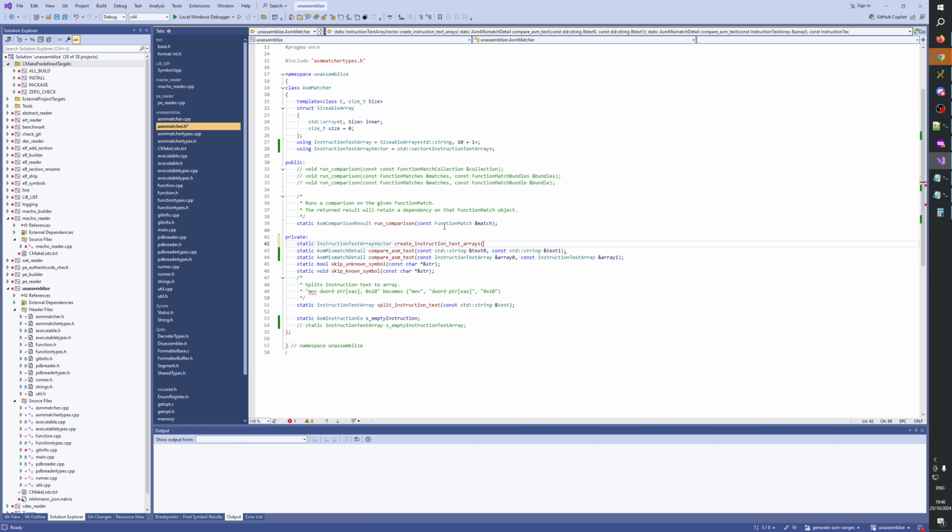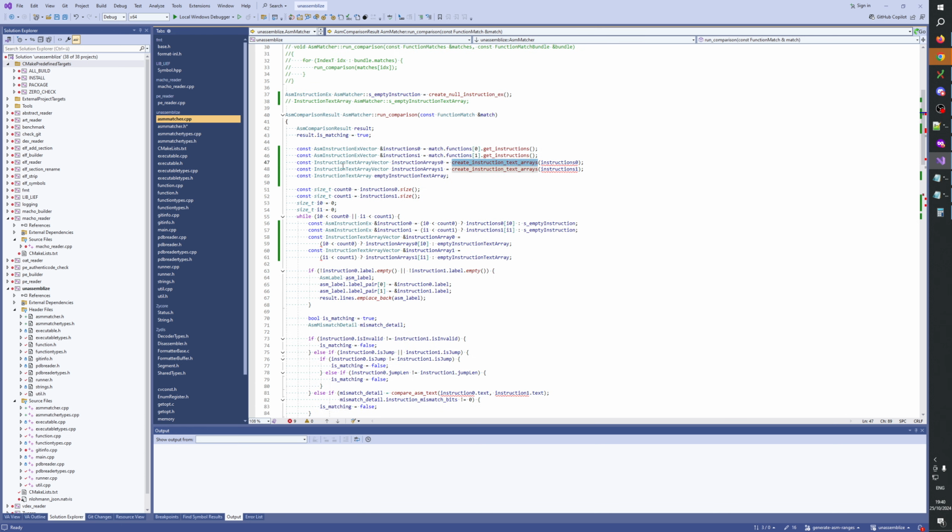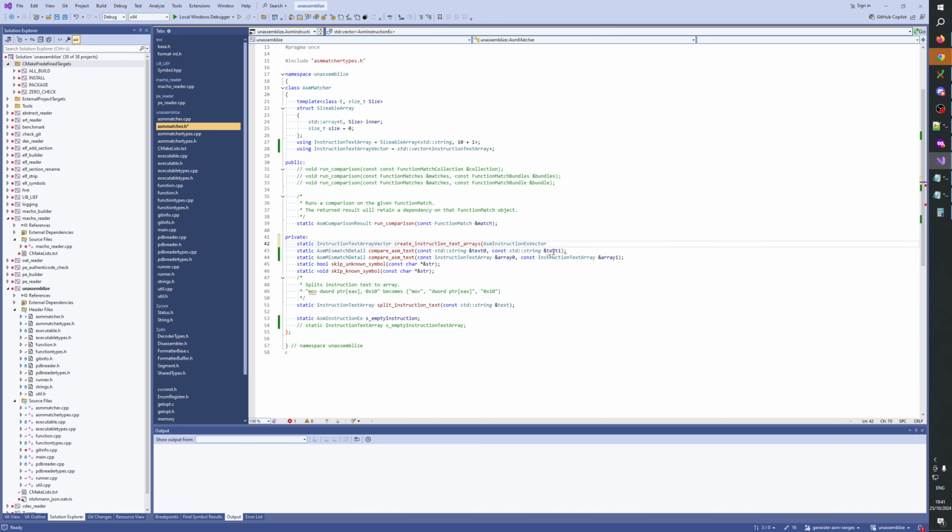Yeah, and in there we pass, what did we pass? This, yeah. Instructions.